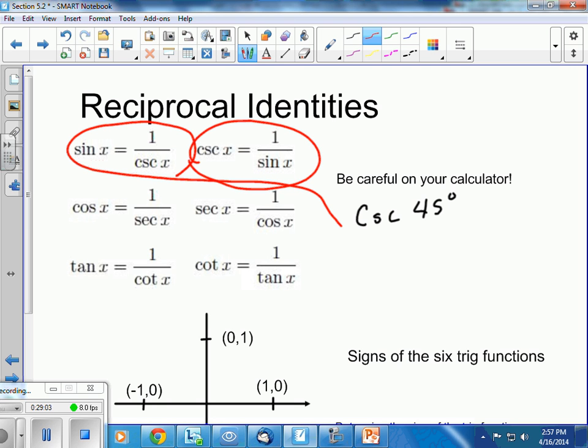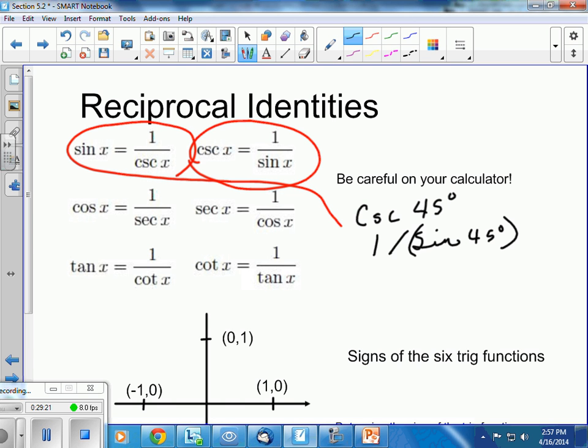So the way I'm going to enter it in my calculator is I'm going to put 1 divided by the sine of 45 degrees, because it is a reciprocal function.